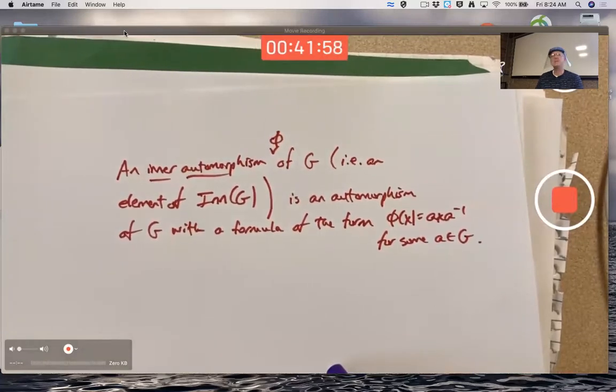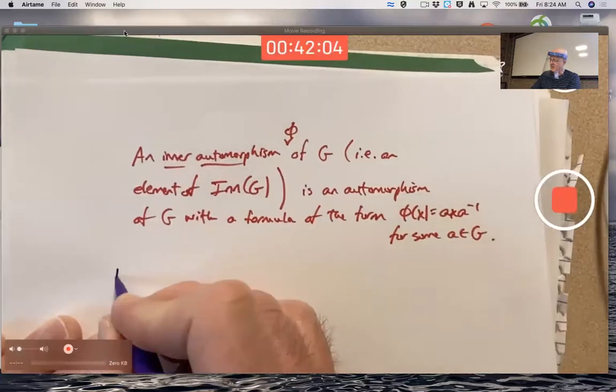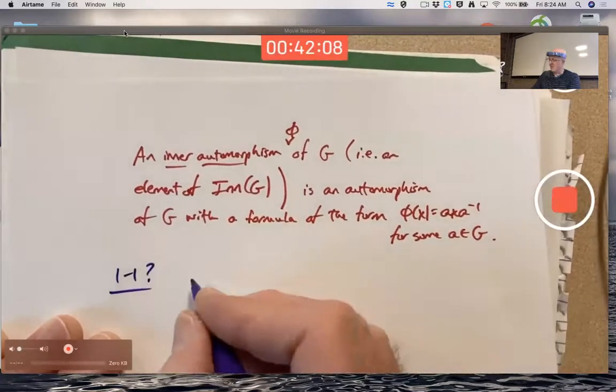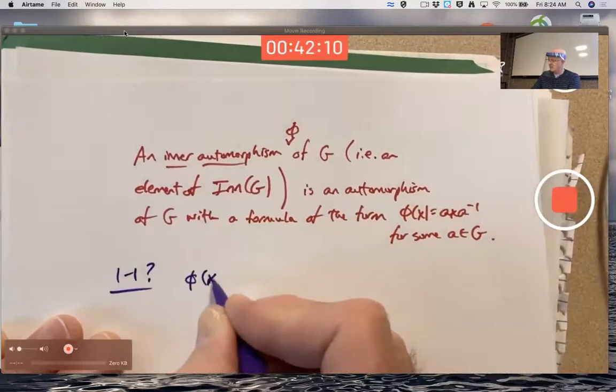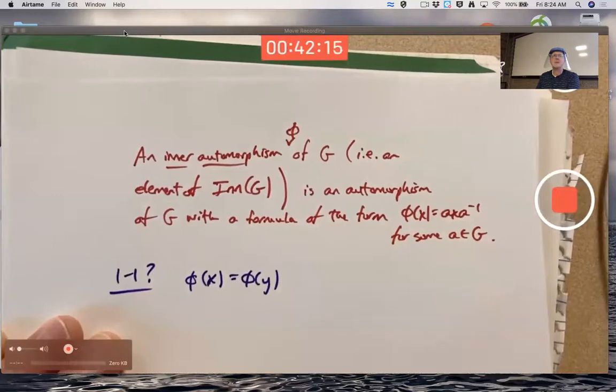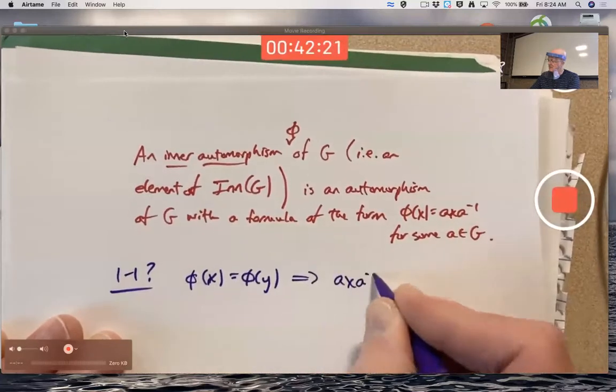Is it one-to-one and onto? Is it one-to-one? If you assumed phi of x was equal to phi of y, does that mean x equals y? Because you can just use cancellation.